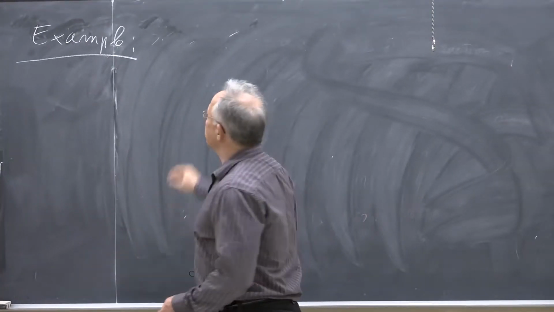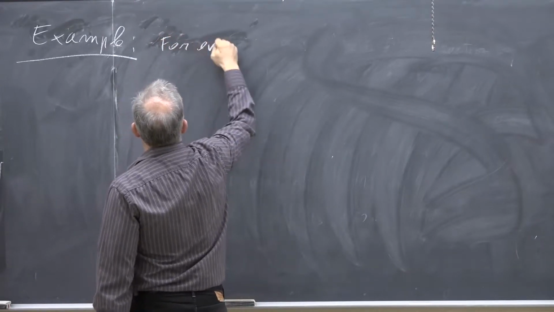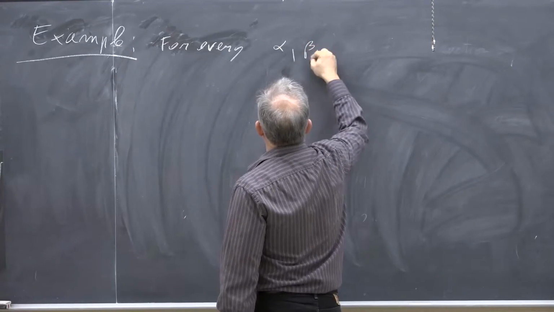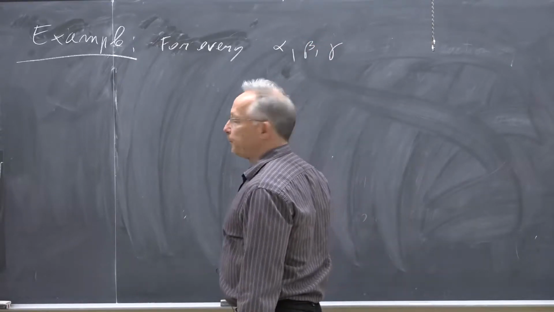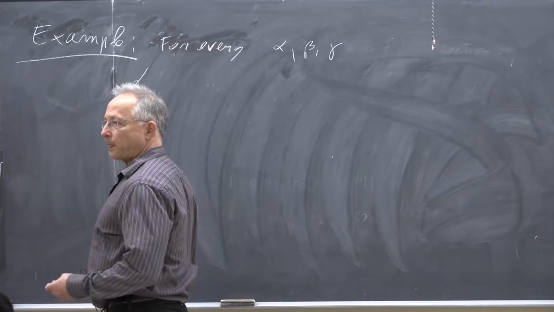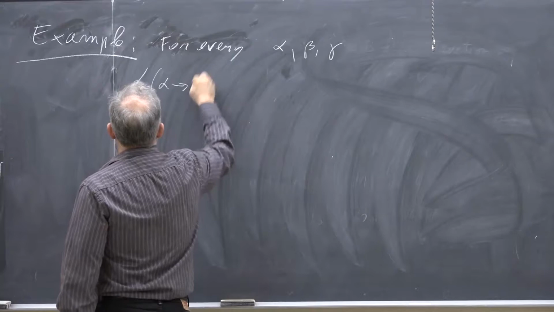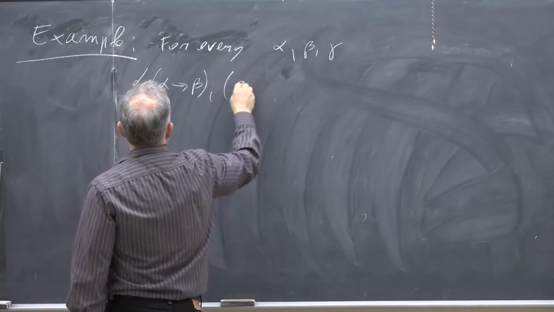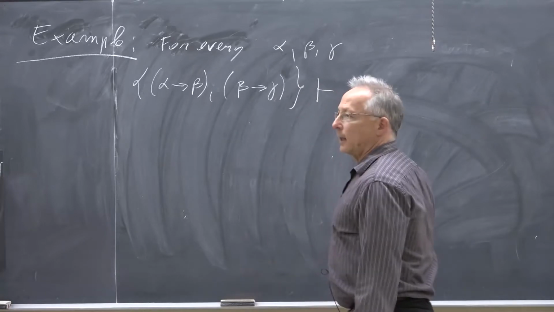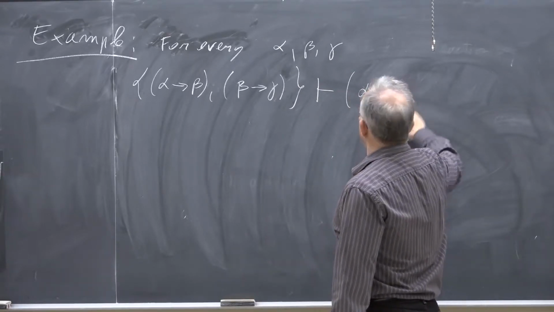So let us prove the following claim: for every alpha, beta, gamma, if I have alpha arrows beta and beta arrows gamma, from these two assumptions I can prove the formula alpha arrows gamma.